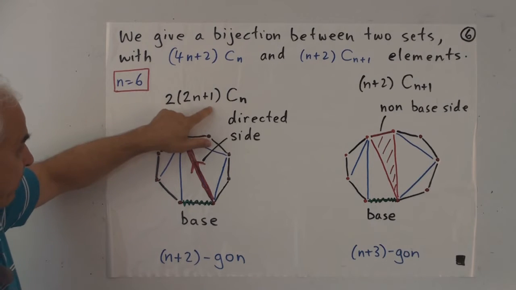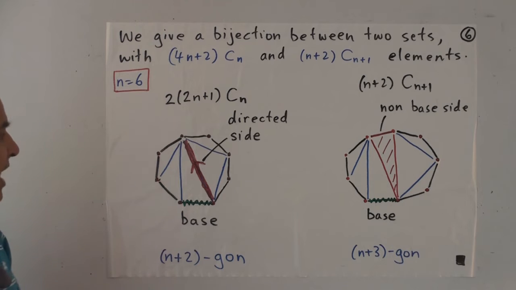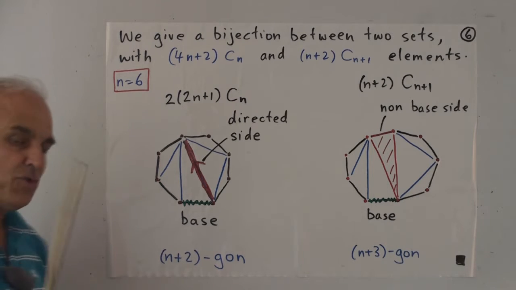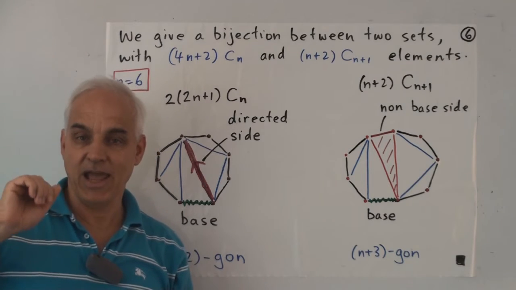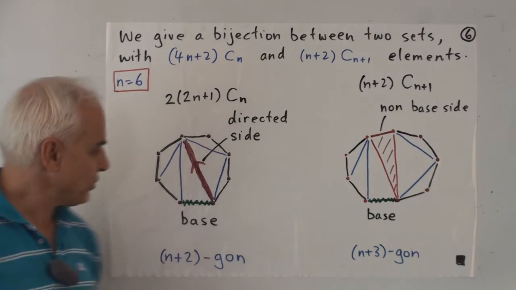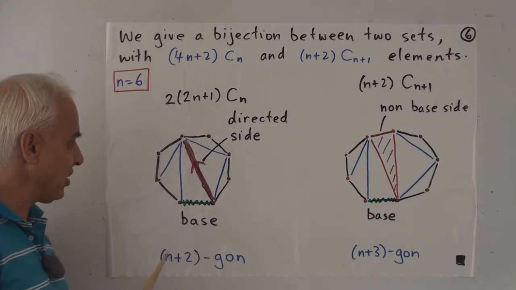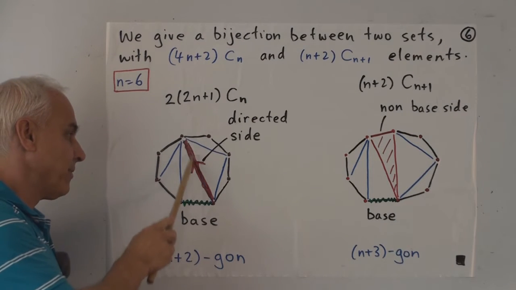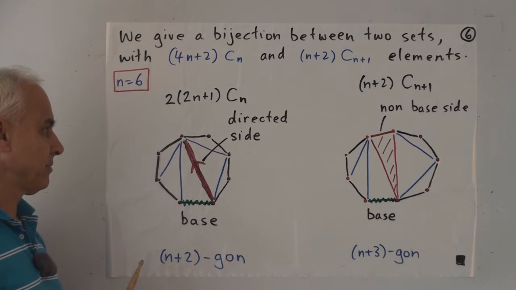That's good because 2n plus 1 is a factor of this. There's only a factor of 2 more that we have to introduce, and we're going to do that by choosing one of these edges and directing it. So you get to choose one of these edges, and it doesn't matter which one, it can be any edge, and then you direct it. You decide either this direction or this direction.